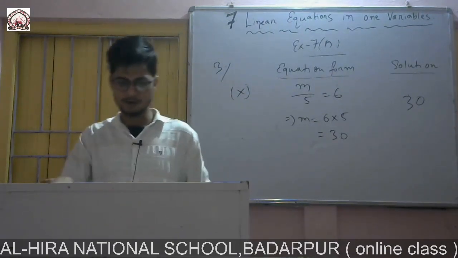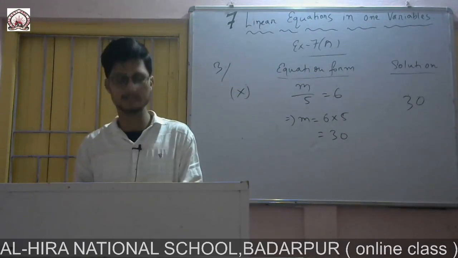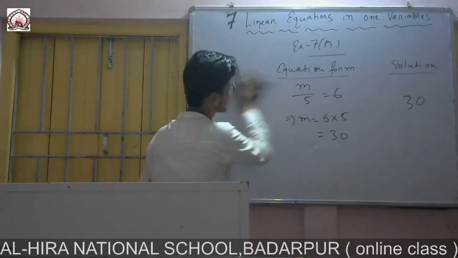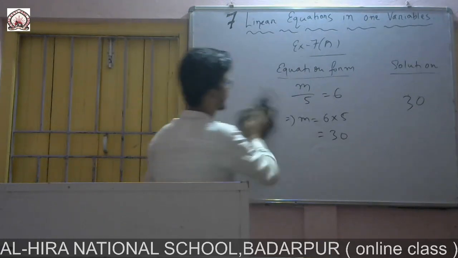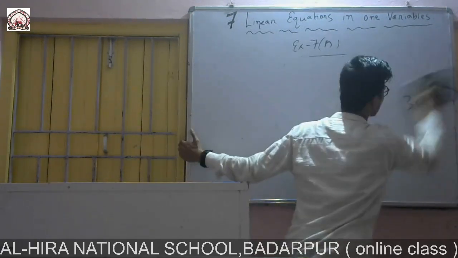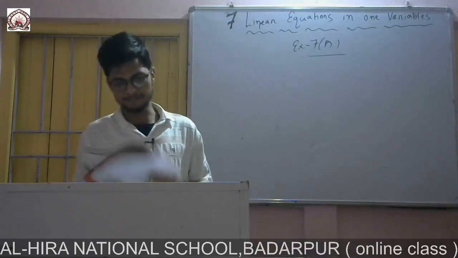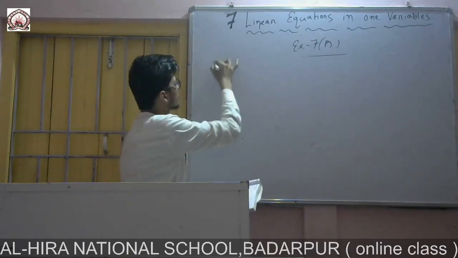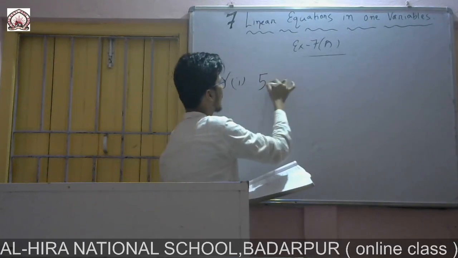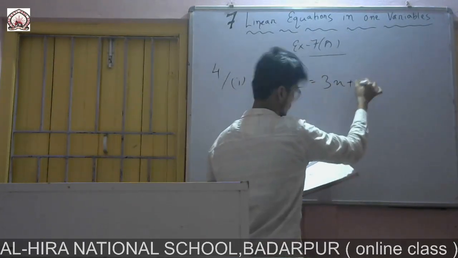Okay. Now you see question number 4. Solve the following equation. You have to solve these equations to find the value of x. You see Roman number 1. For Roman number 1 it is given 5x plus 2 equals to 3x plus 12.